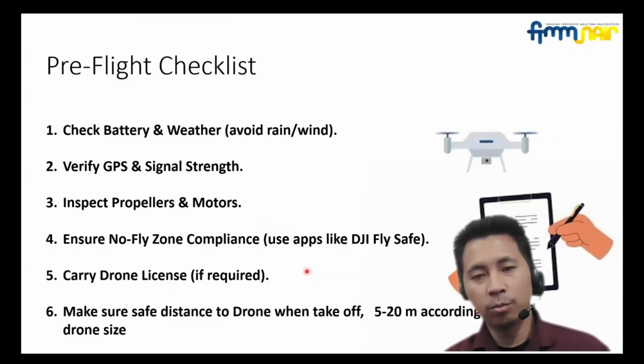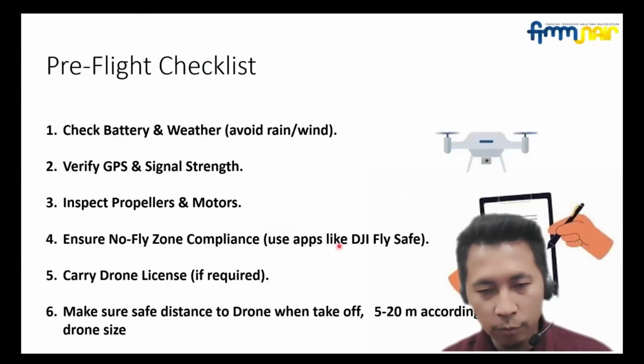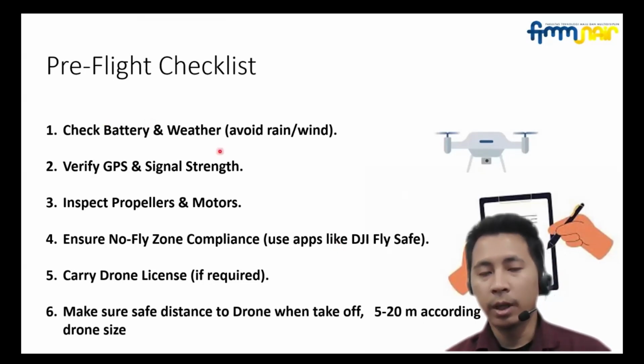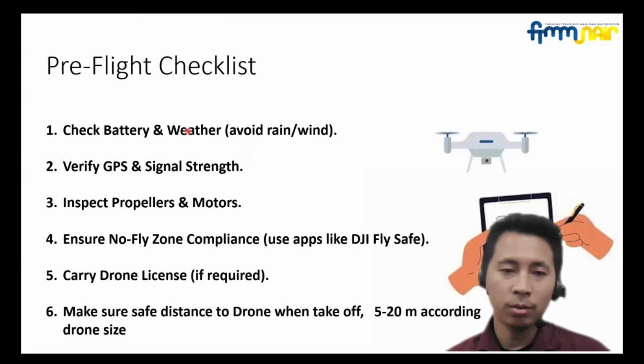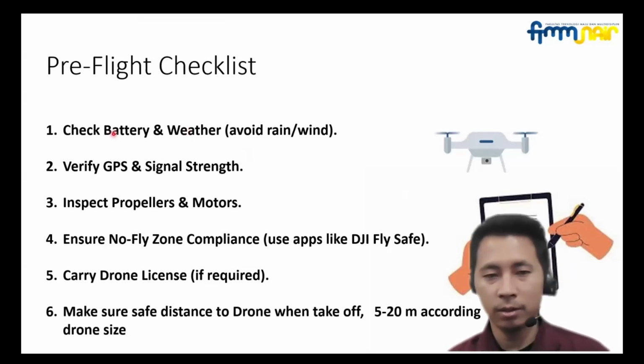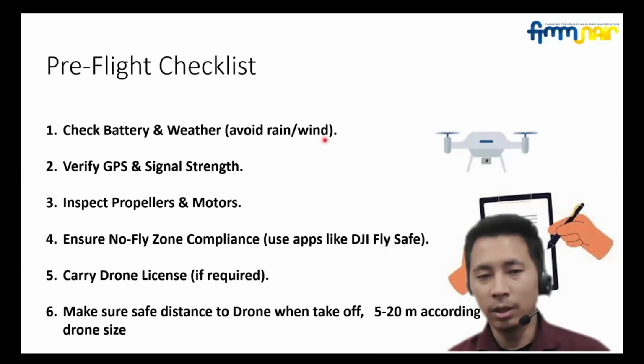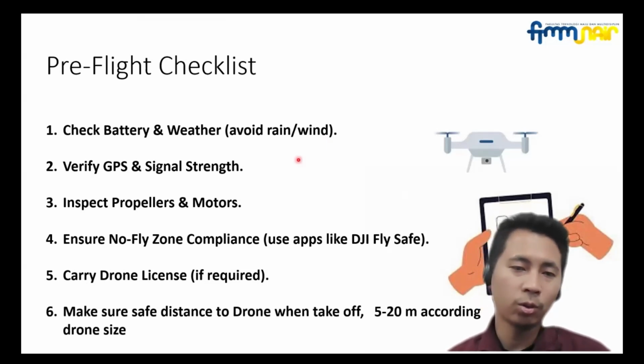And before you fly the drones, there are pre-flight checks. You can check the battery first, and the weather outside, whether it is good or not. If the weather is good, it's good to go.